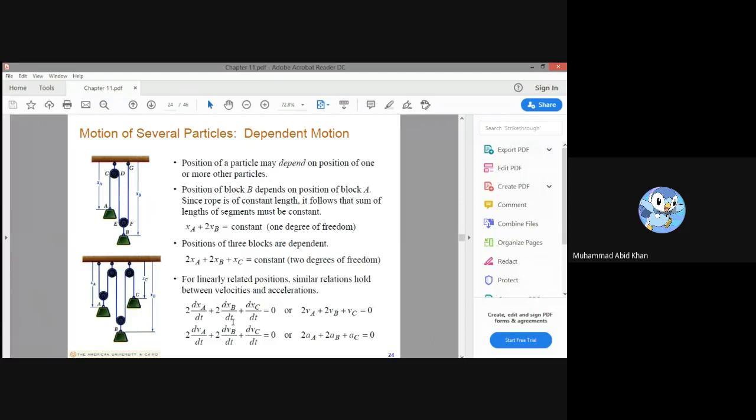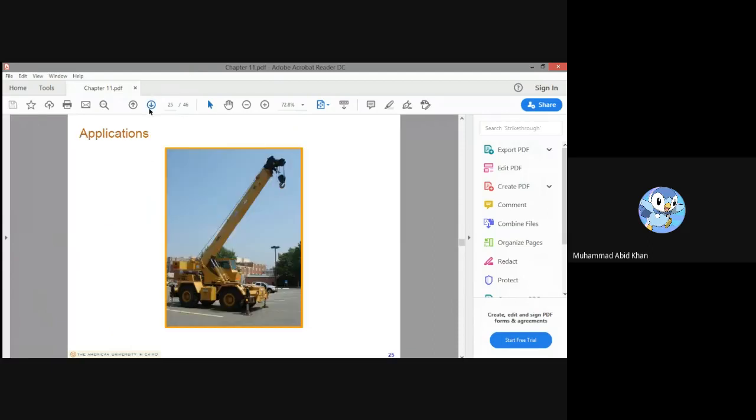You may know these equations. When you calculate it, put in the values, you will get it. Okay, the application is here, a very nice and simple application. This one is a crane.